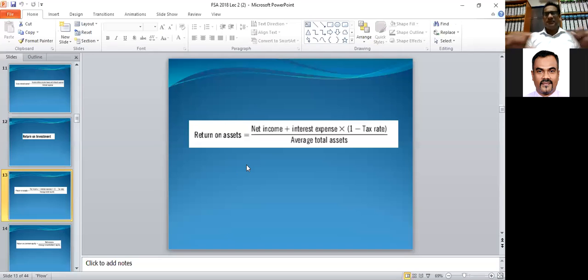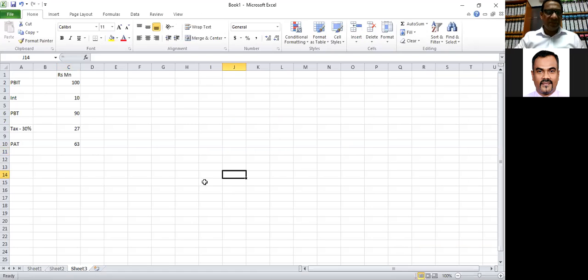This numerator means which value? Net income plus interest expense into 1 minus tax rate. Okay, someone is saying EBIT. Remember, EBIT is PBIT, so if you say it is that figure, that is wrong. Net income we know is 63. Interest expense, I'm taking the figures from the definition of the formula, we know is 10.